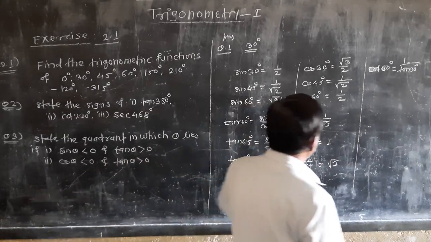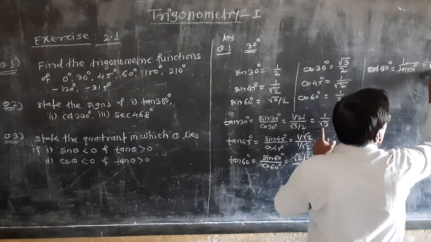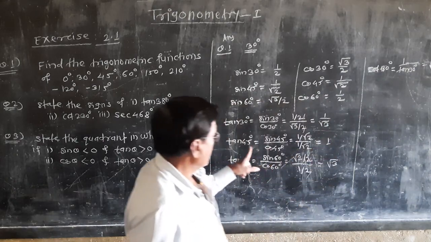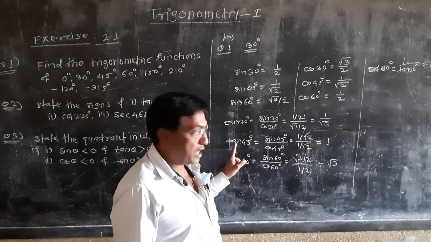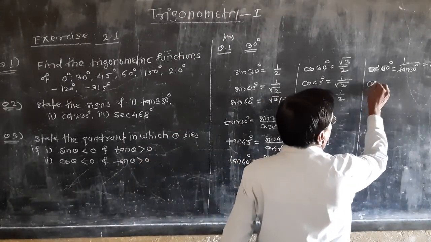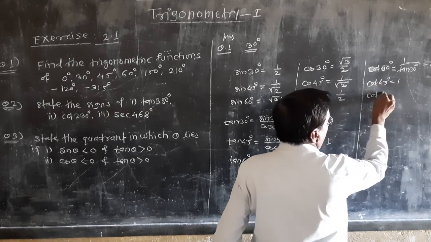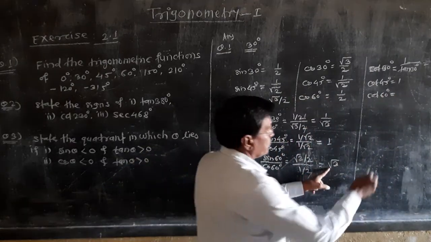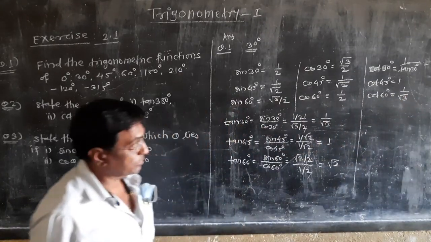Therefore tan 30, you know already, is equal to 1/√3, so the reciprocal is directly √3. Similarly, cot 45 means the reciprocal of tan 45, which is the reciprocal of 1. Reciprocal of 1 is 1, and so cot of 45 degree is equal to 1. Same way, cot of 60 degree is the reciprocal of tan 60 degree, that is √3, so it is 1/√3. Like this we calculate by using the reciprocals.